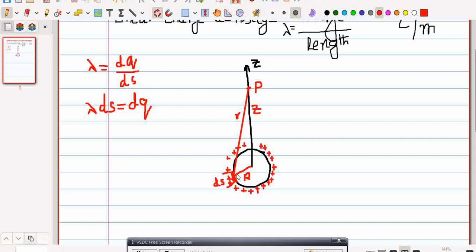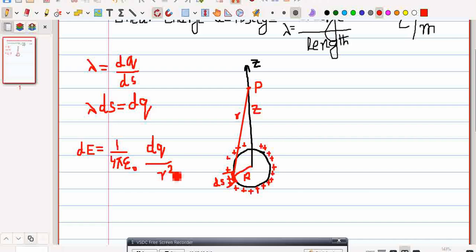So the electric field due to this length element ds will be dE, and this can be found by using the electric field due to a point charge, which is 1 over 4 pi epsilon naught into q over r square. Here q is the charge on this length element, dq, so the electric field due to this length element is dE, equal to 1 over 4 pi epsilon naught dq over r square.